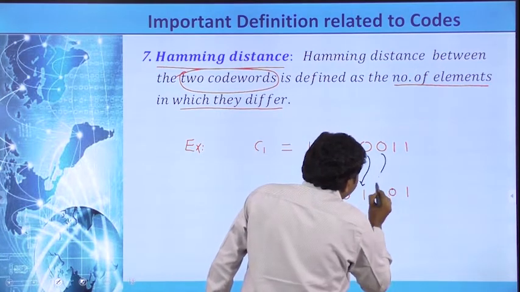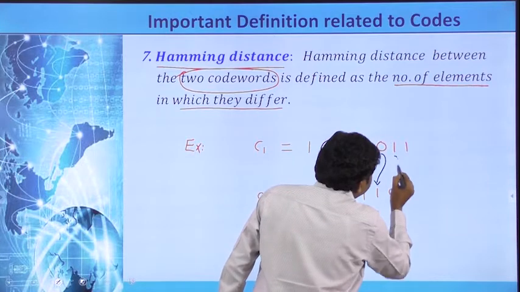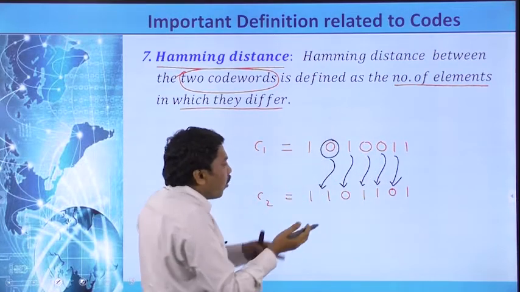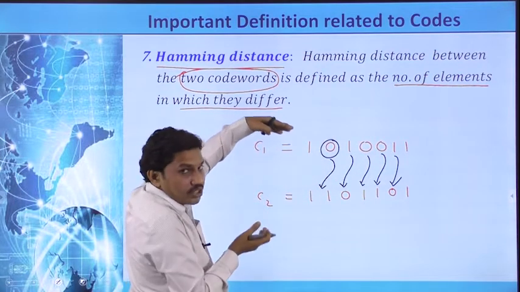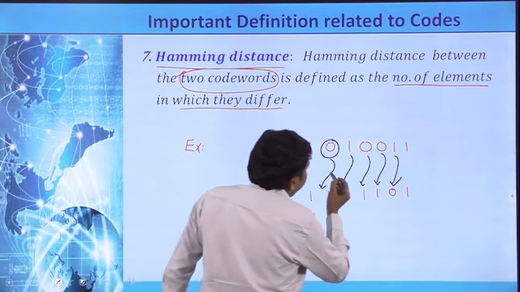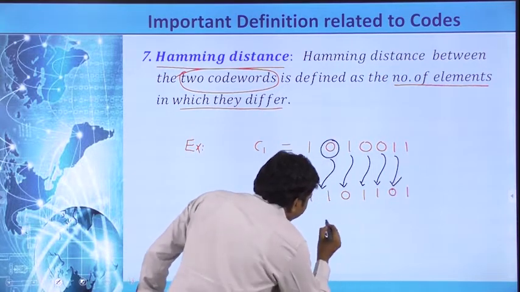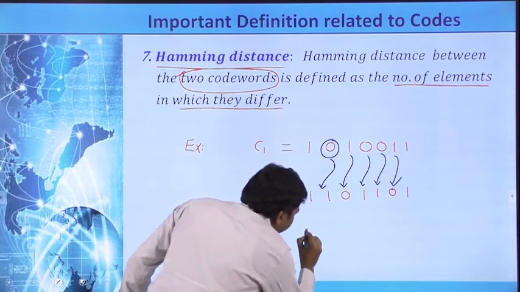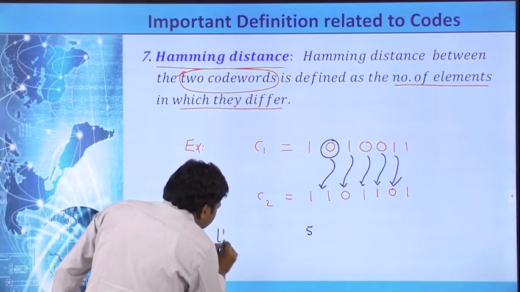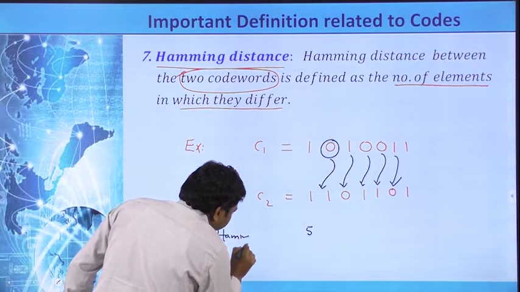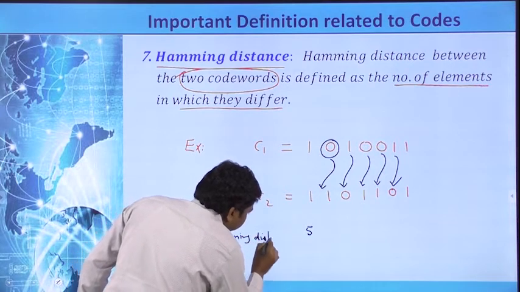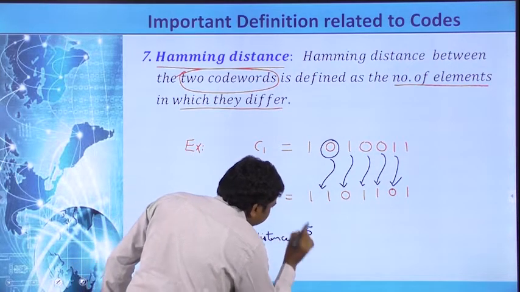This one is 0, changed to 1. Whereas this one is 1, changed to 0. How many bits are changed from C1 to C2? Totally 1, 2, 3, 4, 5. So the Hamming distance between C1 and C2 is 5.